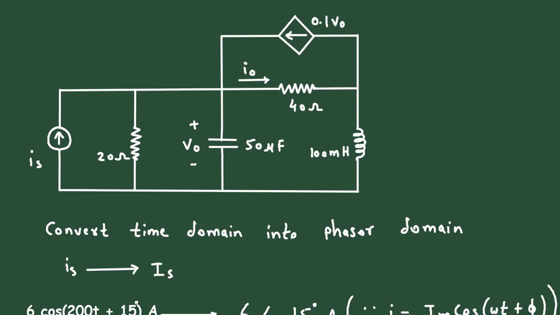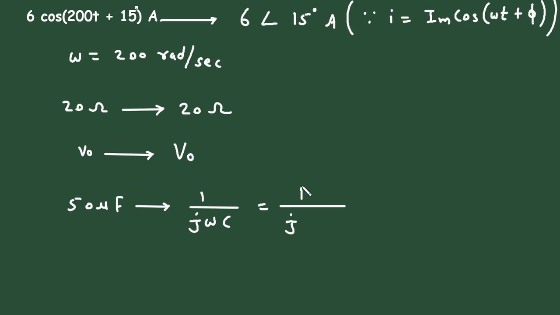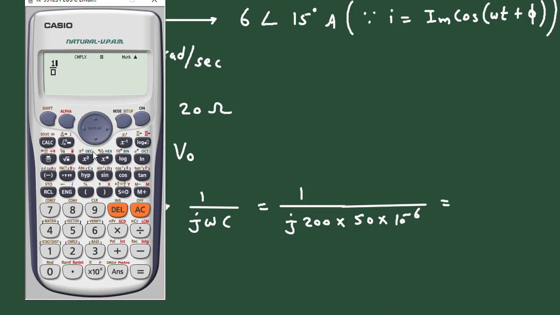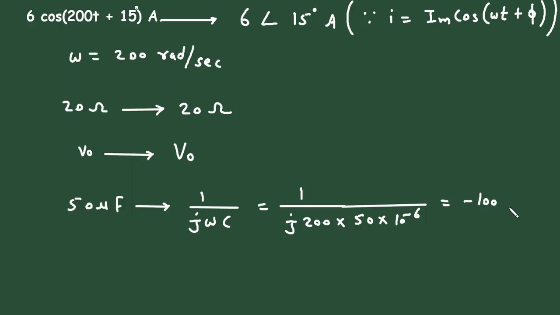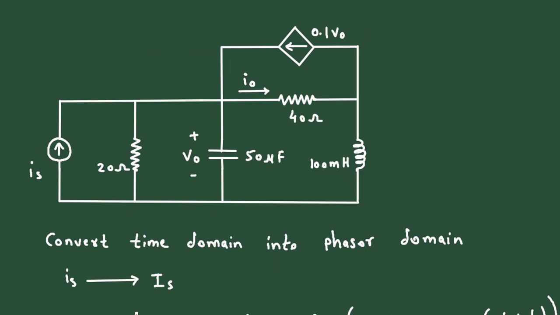Then this 50 microfarad will change to 1 upon j omega C. So 1 upon j into 200 into 50 into 10 to the power minus 6. So it is minus 100j ohm.